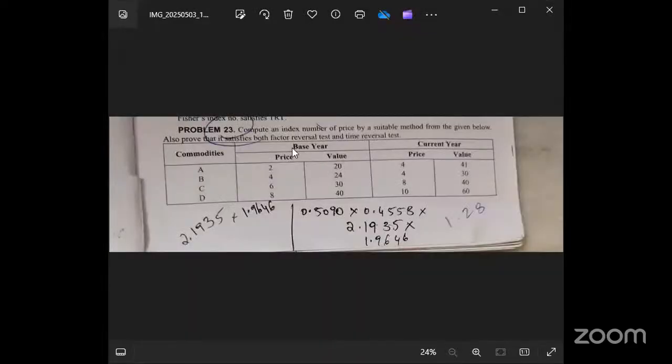This is another question: compute an index number of prices by a suitable method for the data given below. Also prove that it satisfies both the factor reversal test and the time reversal test.